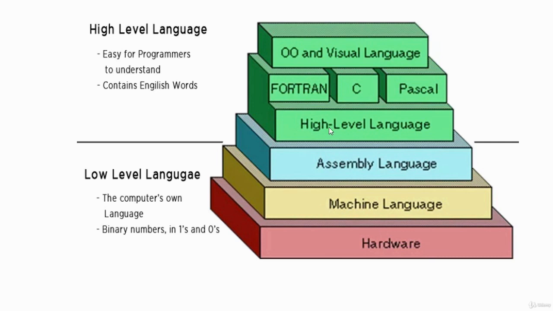Whereas the further away it is, they are further away from the hardware, so they're easier for programmers to understand because they contain English related words, but not machine to understand. So for the machine to understand what this block here is saying, it needs to be converted into machine code using a compiler or an interpreter.